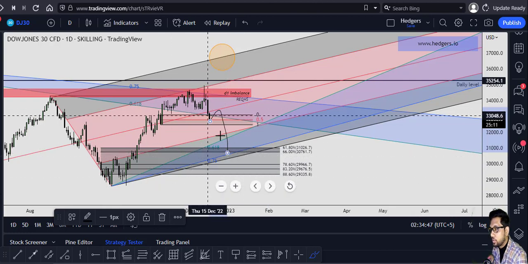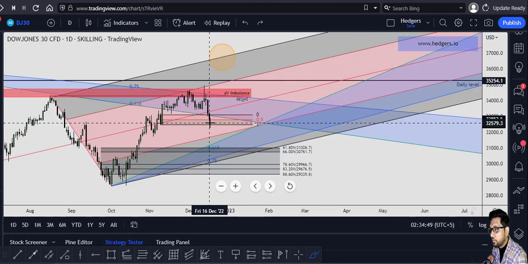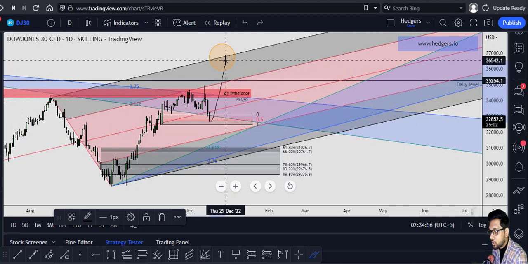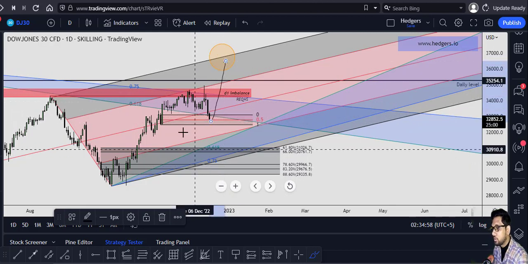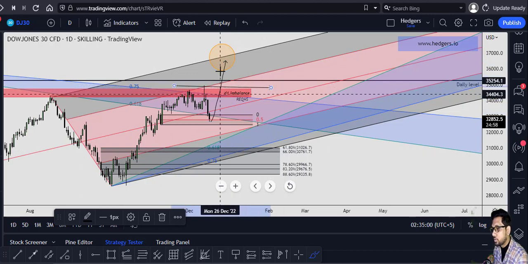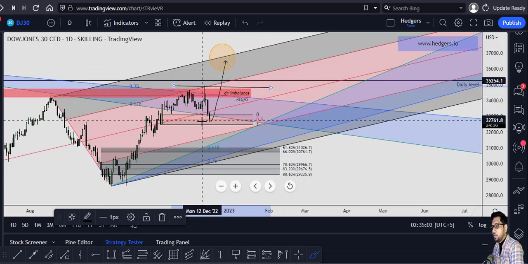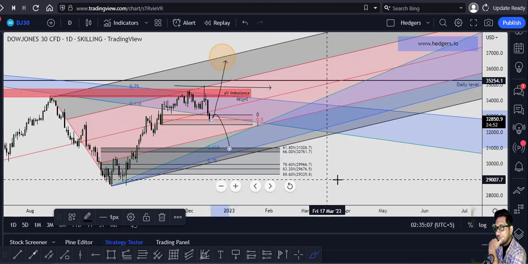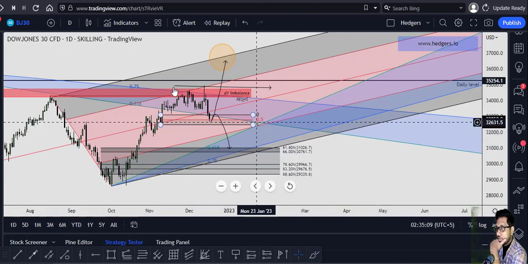So let's see if we see some good sign of strength in Dow Jones, then this is the target. Simple. And if not, then this is the target.